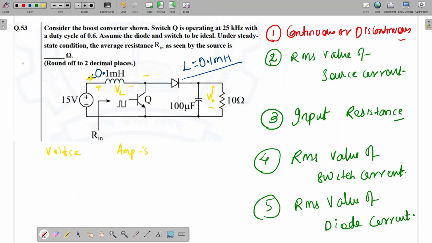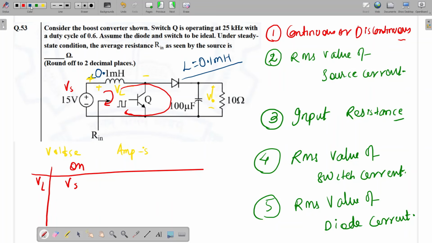So I'm going to write the inductor voltage in the on and off durations. On means this switch will be on and conducts like this, and when this switch is off, it conducts in this path. During the on duration, what will be the value of VL?